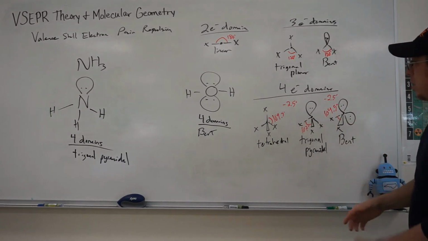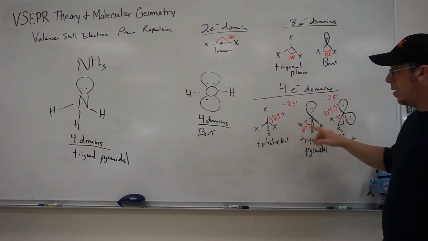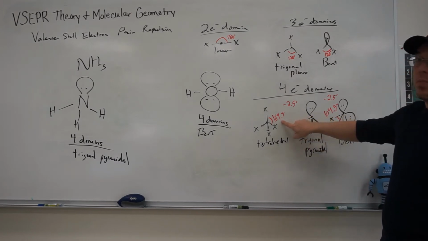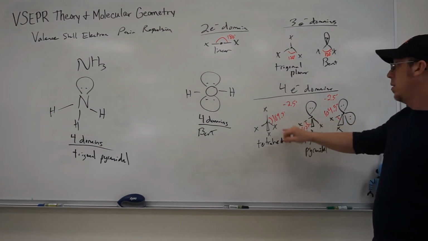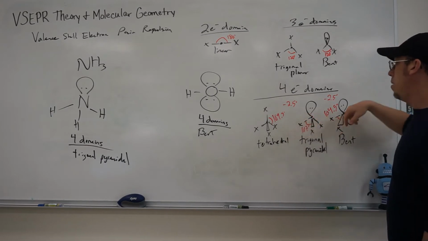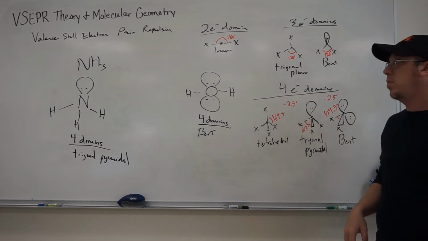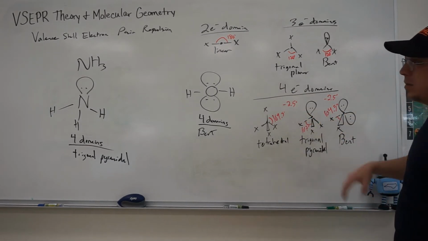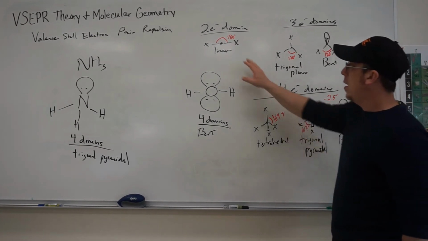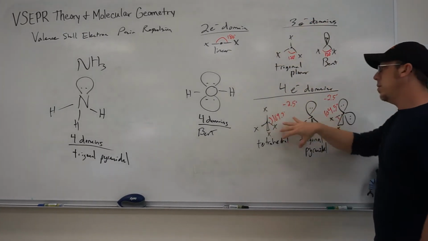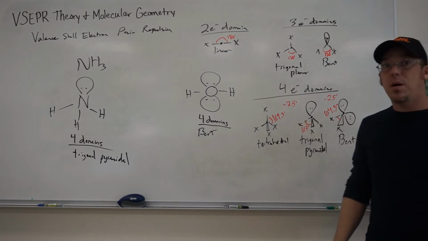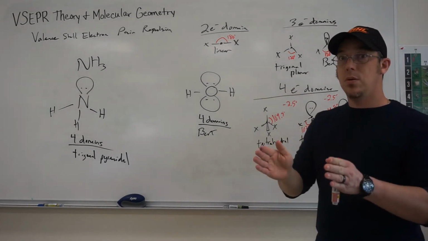So the main thing that you have to understand with this domain is that you start off with 109.5 degrees, that's your standard, and then every time you add a lone pair, you just subtract 2.5 degrees from that. So as we talked about previously, as you add domains and you add these electron pairs, the bond angle gets smaller and smaller.